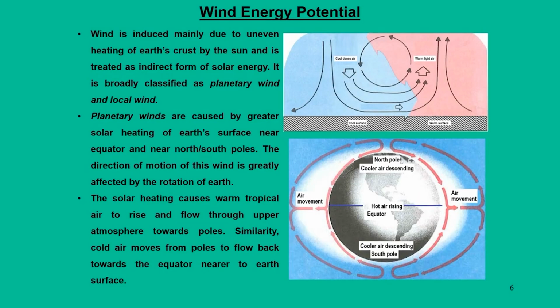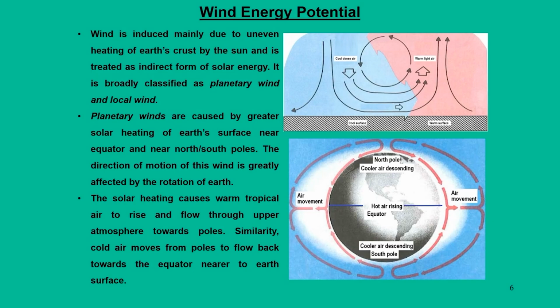The very basic difference is that when it falls on the land, the land gets heated. So, what happens? The air associated with the ground or land mass also gets heated. Once it gets heated, its density drops, so it moves up.